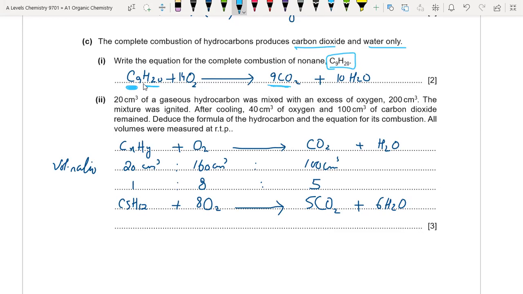Each water molecule has 2 hydrogens, so we divide by 2, which means 10 water molecules. So oxygen is balanced by calculating 18 plus 10, 28, which is 2 multiplied by 14.